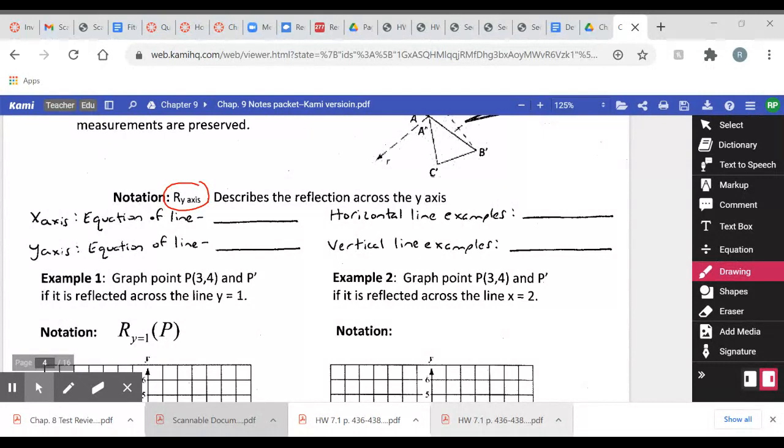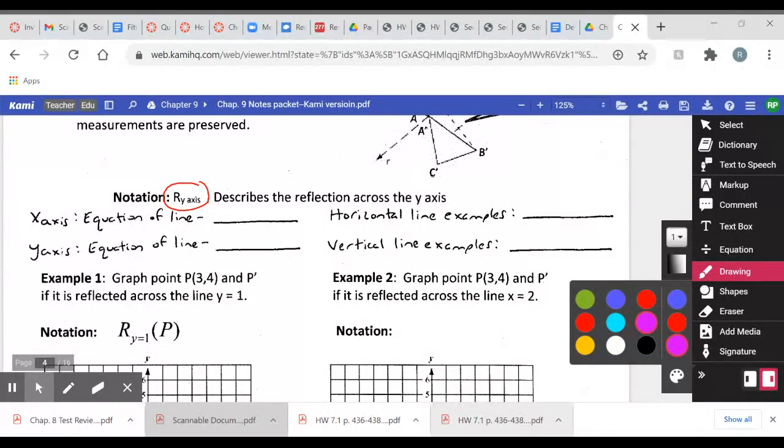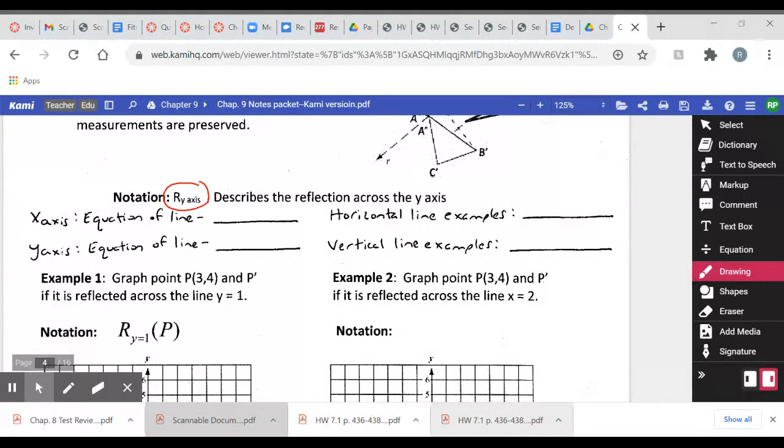I thought this would be a good time to discuss lines of reflection and give you a chance to practice that a little bit. So if I draw a graph here, a coordinate plane, here is my x-axis, that is the horizontal.